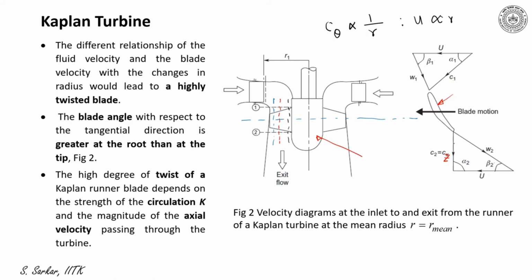Let me draw again with a red ink. This is the profile for the mid-section. Let me draw a profile for the hub. This is the profile for the hub.